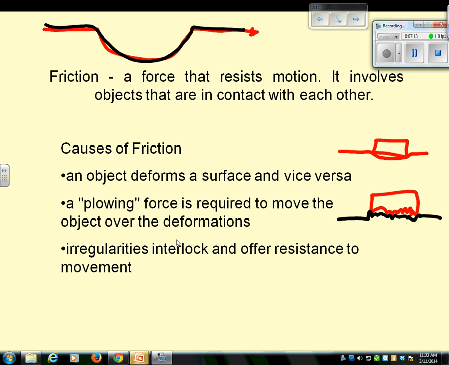This theory makes sense when you think about smoothing something down, maybe with sandpaper, where there's less friction. But if you smooth it so much that the objects are microscopically so smooth, they're actually closer together and molecularly attracted to each other, and friction actually increases. So there's a point where you've smoothed it too much. You've created almost a vacuum, a suction, underneath.